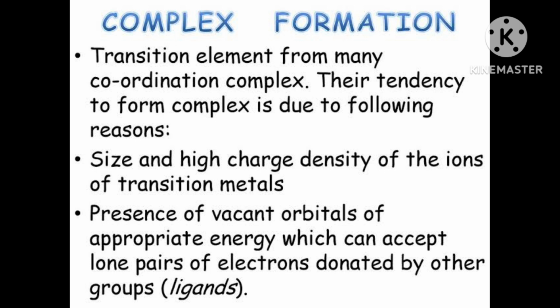Now Fe3+ is yellow and Fe2+ is green. Remember it. In the lab you will find the yellow salt and the green salt. Fe3+, ferric, is yellow, and ferrous Fe2+, that is 3d6, is green.